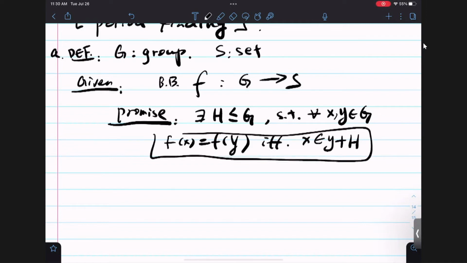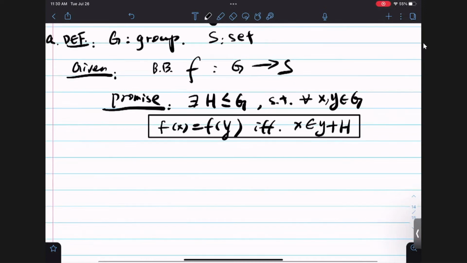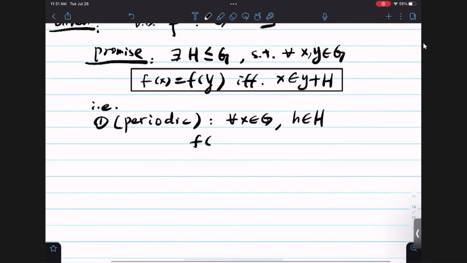So let me break up this condition. This means, on the one hand, this function is periodic. Namely, for any group element x and any element h in the subgroup H, if I shift x by this subgroup element, I get the same function value.